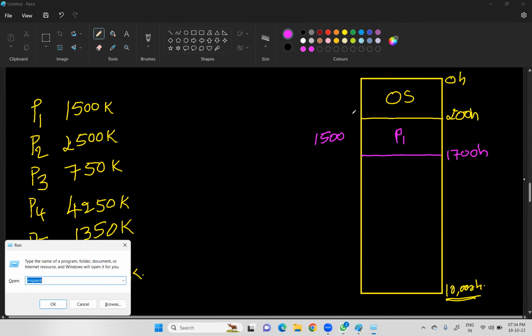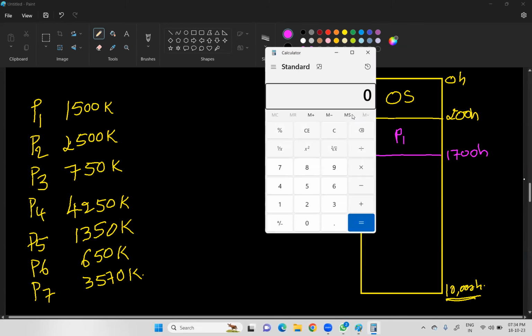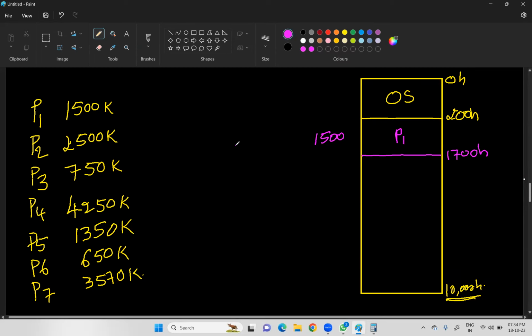Am I correct? So 2500 plus 1700, totally 4200 is the location. Let me draw somewhat bigger. 4200 H is the last and final address of process P2. The total size of this area is 2500, the total area where P2 is occupied.